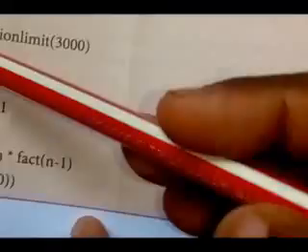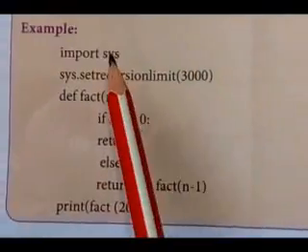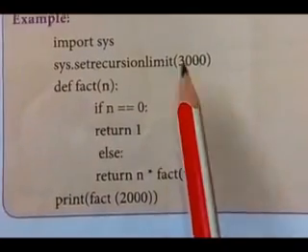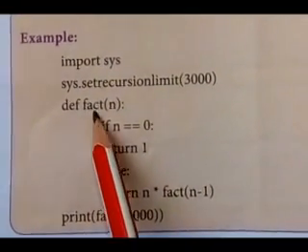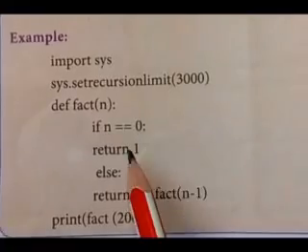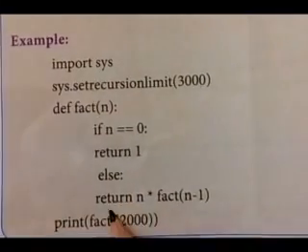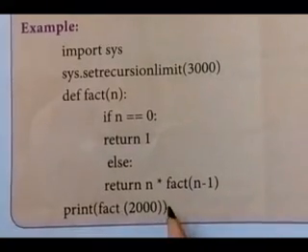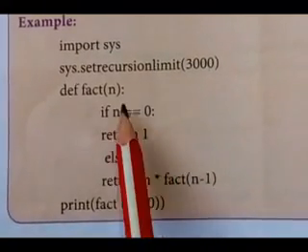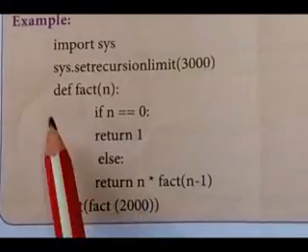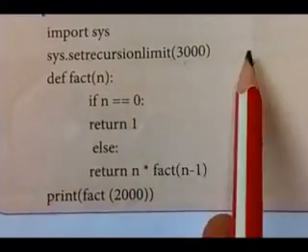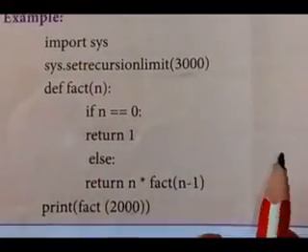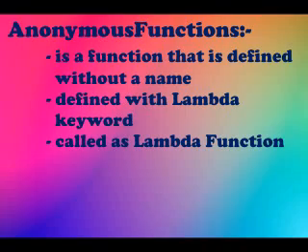Here is one example program. import sys, sys.setrecursionlimit(3000). def fact(n): if n == 0: return 1, else: return n * fact(n-1). print(fact(2000)). Here we are given the limit of 2000 times, but it was changed using which statement? This statement. What is 3000? 1000 times increased. Did you understand?